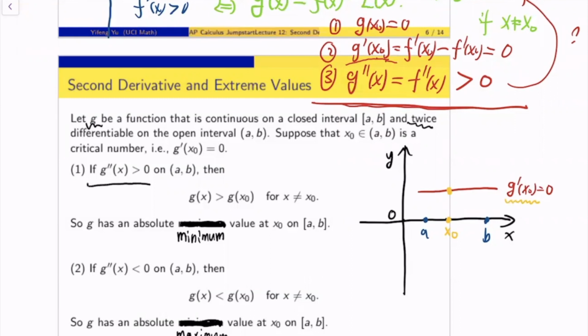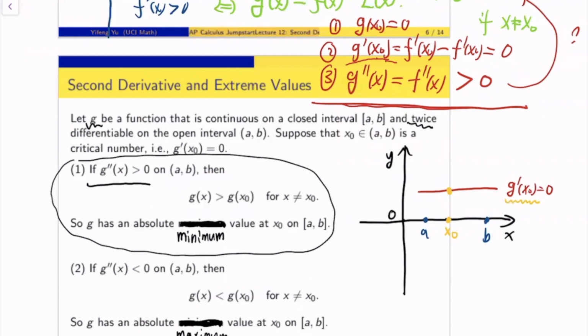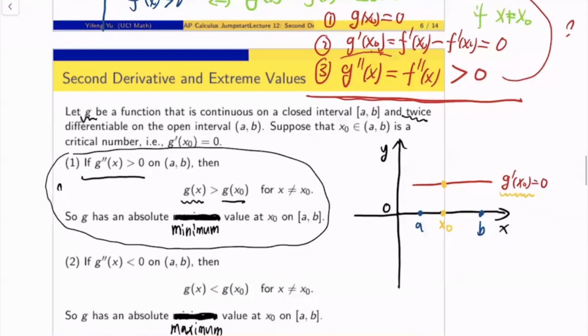Suppose I know the second derivative is always positive in this interval (a, b). Then g attains a minimum at the point x0. In fact, the values of g at all other points are greater than g(x0). All right, let's verify this statement, and this is exactly what we want.